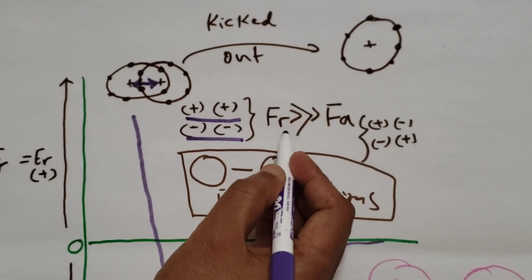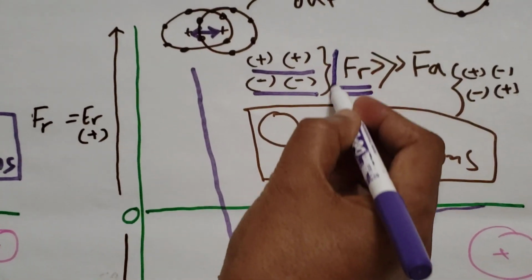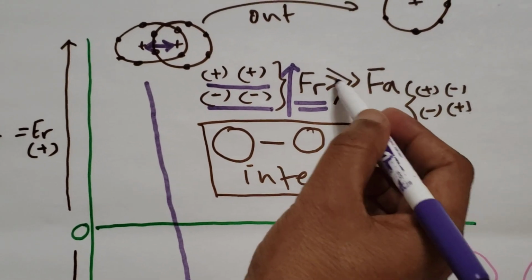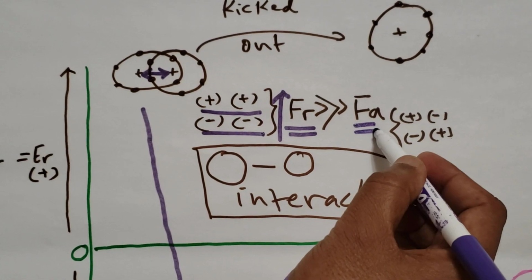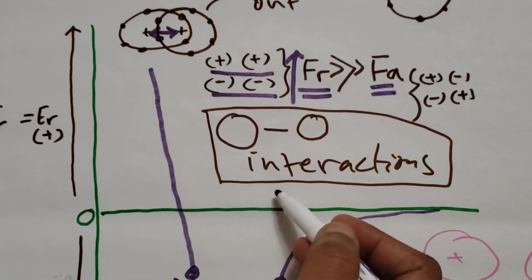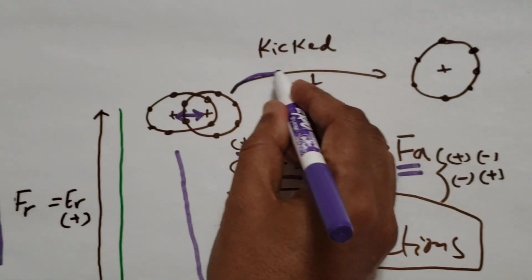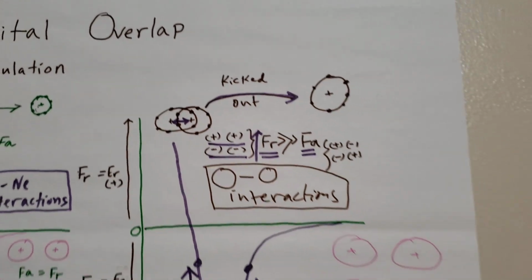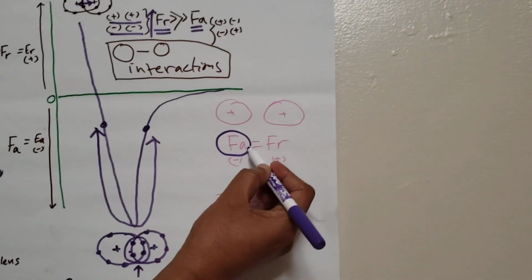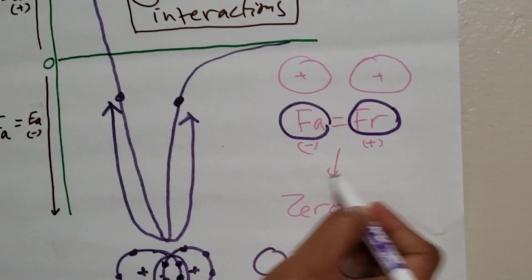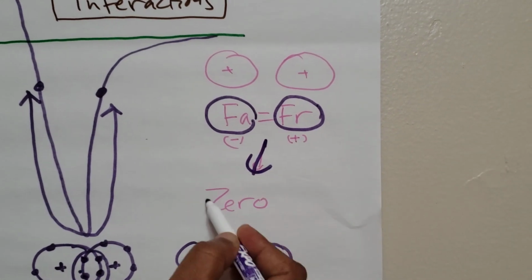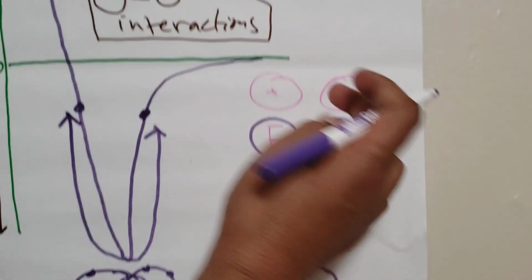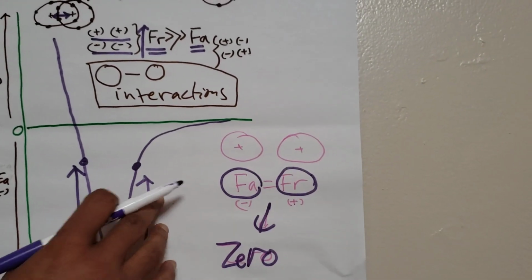Because of this very high value of repulsive forces, which is much bigger than your attractive forces, the atoms are kicked out. And here your attractive force and repulsive force are equal, so they cancel each other. You are getting zero when the atoms are away from each other.